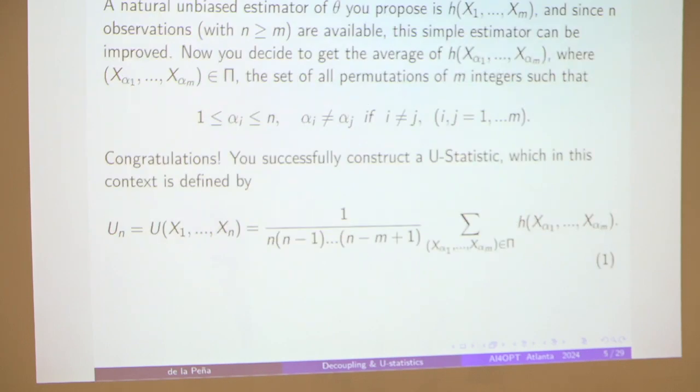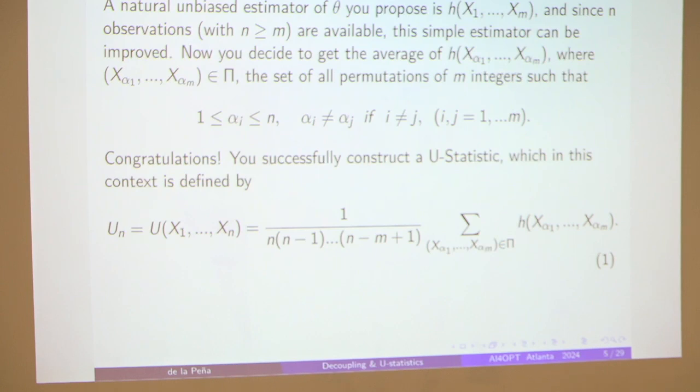Okay, so here's the use of the U-statistics. We're trying to estimate the parameter theta, which is the expected value of h of X1 up to Xm. We want an optimal estimator, which is unbiased.